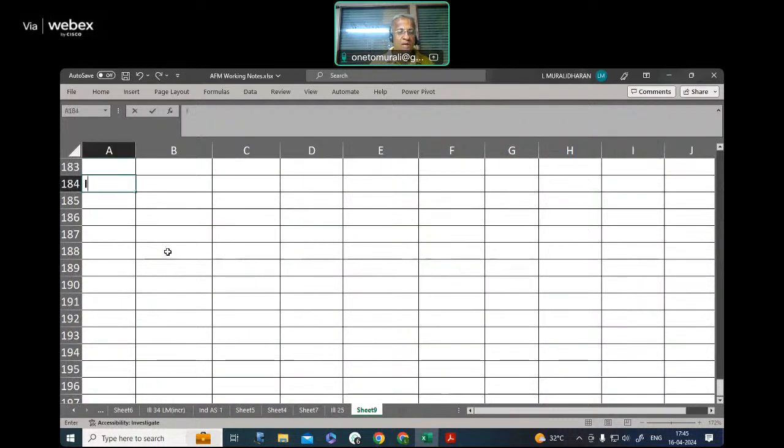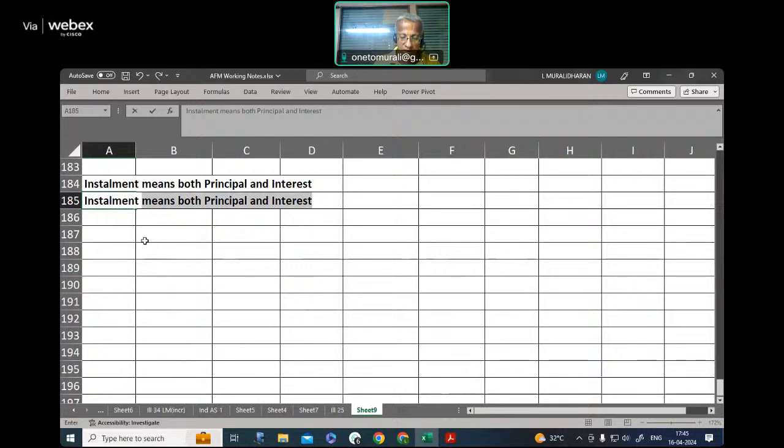So when you tell installment, it means both principal and interest. If that be the case, then how will installment be worked out?